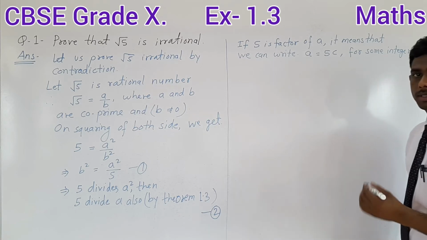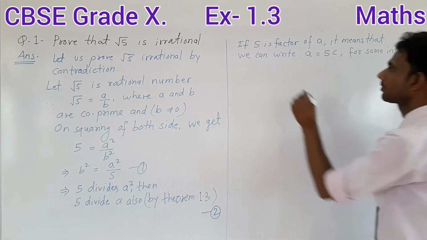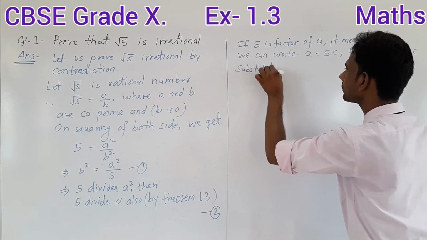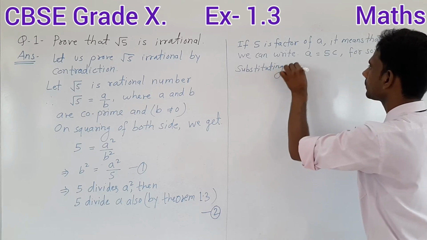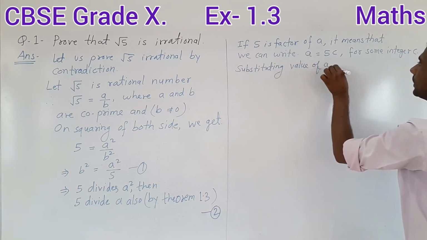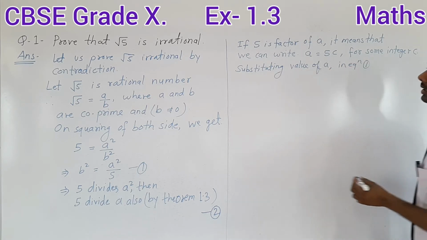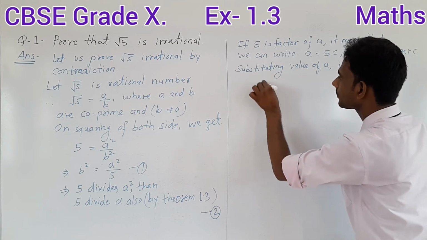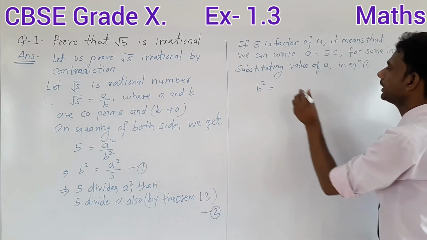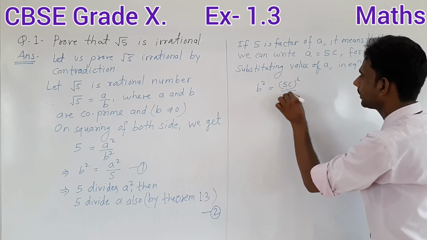Now substituting the value of a equal to 5c in equation 1, we get b square is equal to, in place of a, substitute 5c whole square upon 5.